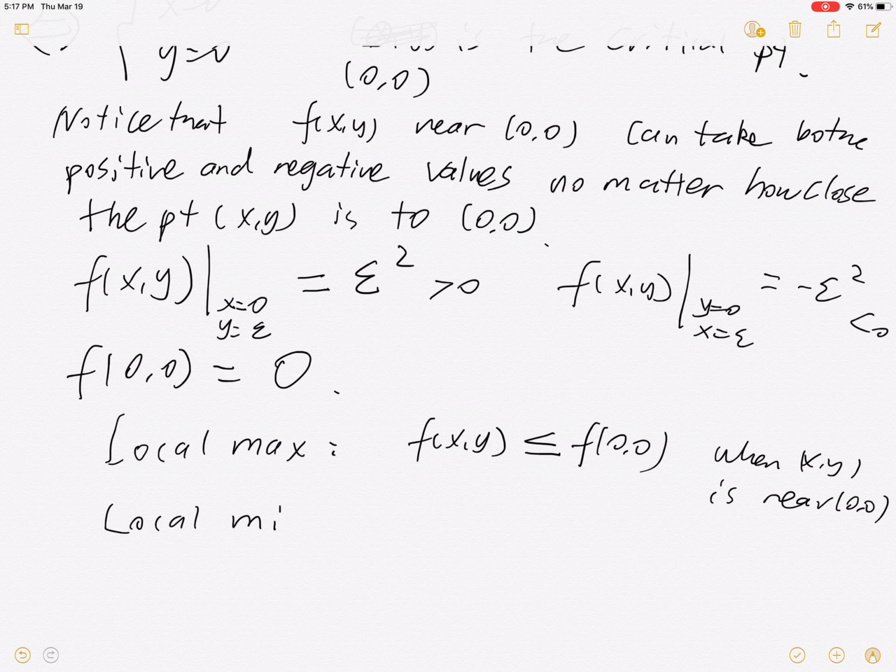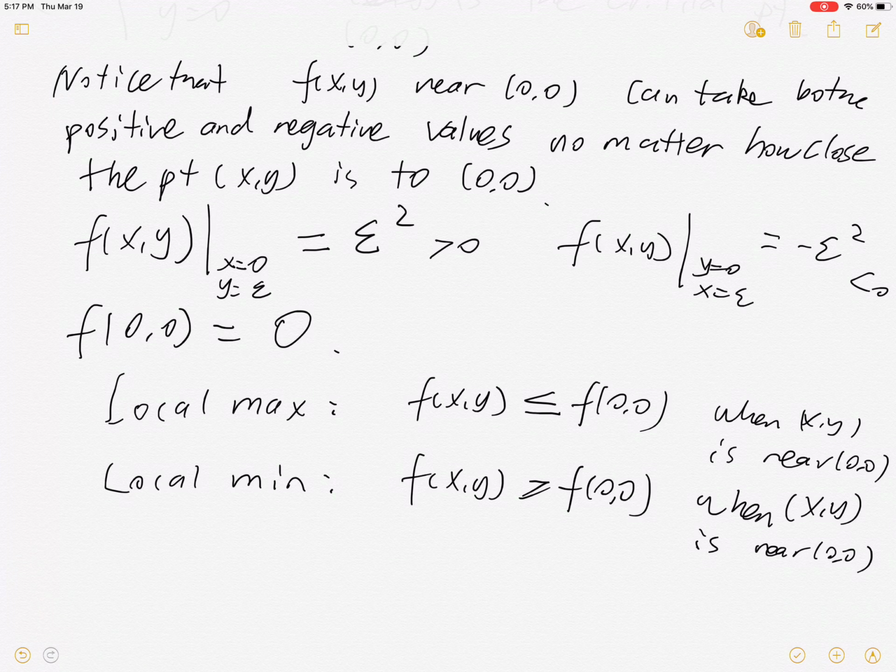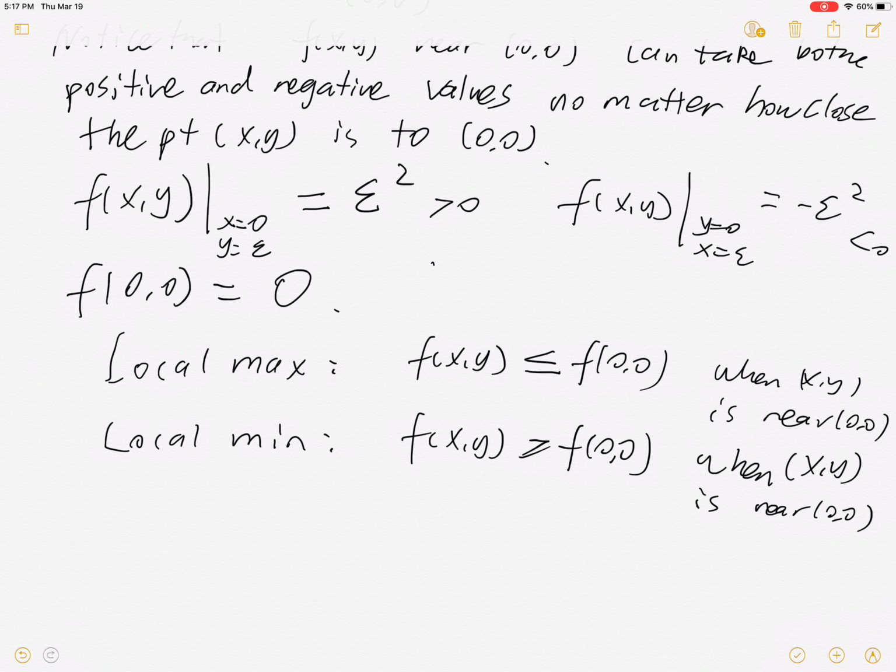And the local minimum means f(x, y) should be greater than or equal to f(0, 0) when the point is near (0, 0). And then you can see here, you cannot get this based on this observation. Okay, then you have no local maximum or minimum.